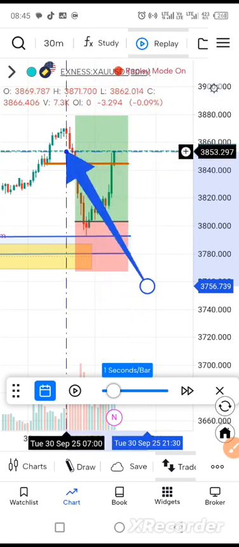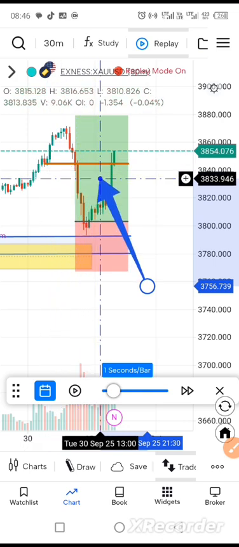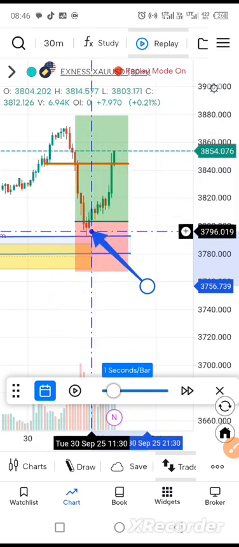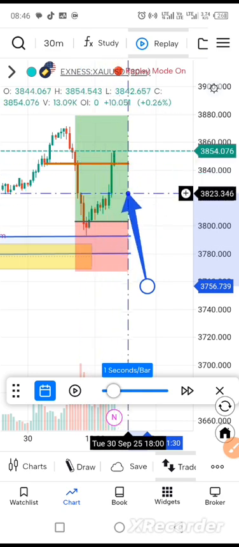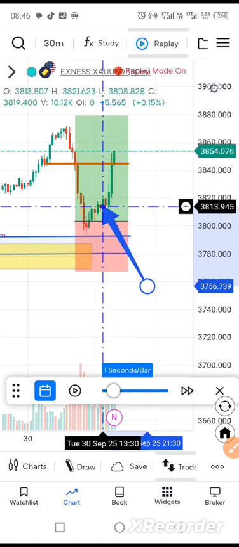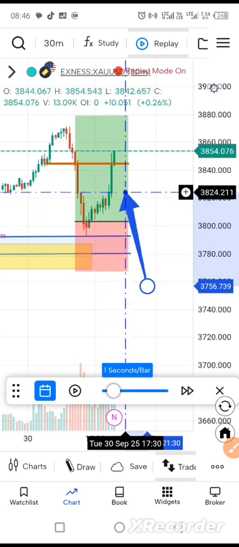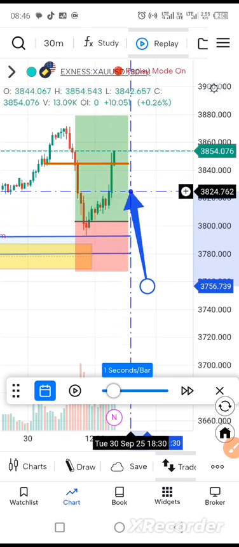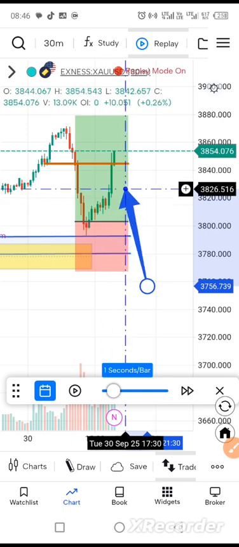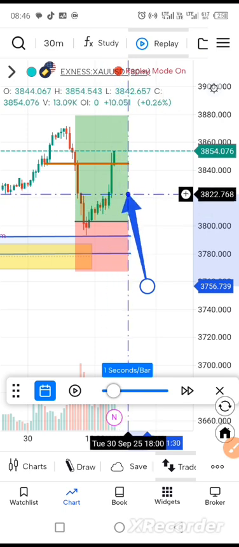So it has broken this, and around this you can see also as it's going, it created a fair value gap. There's something of an order block around here. After a long time you begin to realize what it is.